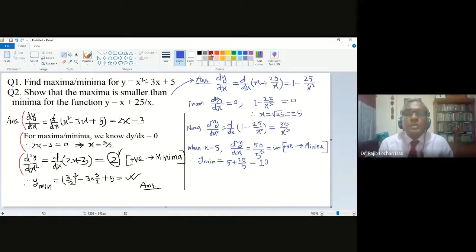Now repeat this process again, these two lines again, for x equals -5. So you will do this again.